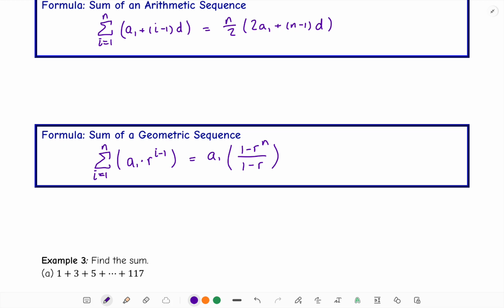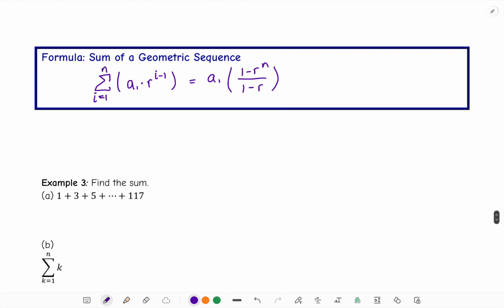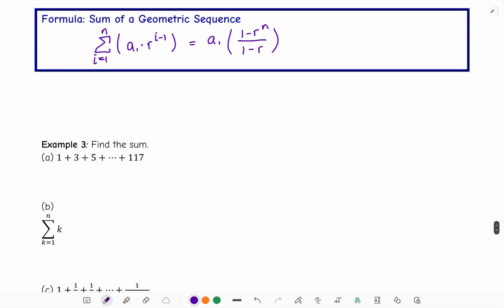So for example, for the sum 1 plus 3 plus 5 plus ... plus 117, well, we already came up with this. This was the sum of n equals 1 to 59 of negative 1 plus 2n. That's what we did in example 2. But we also said this was arithmetic.